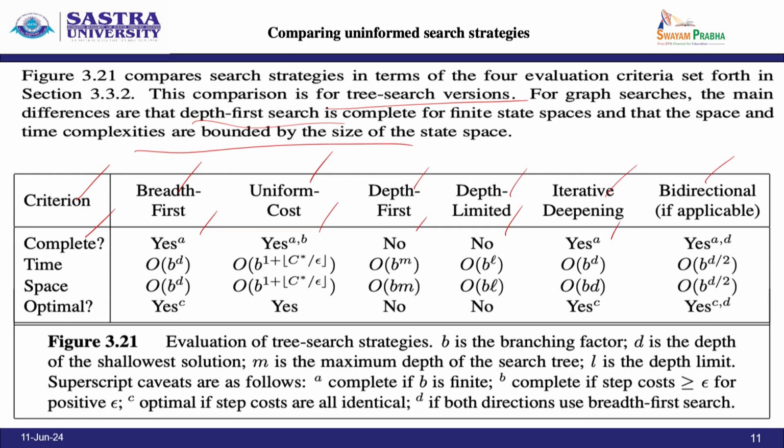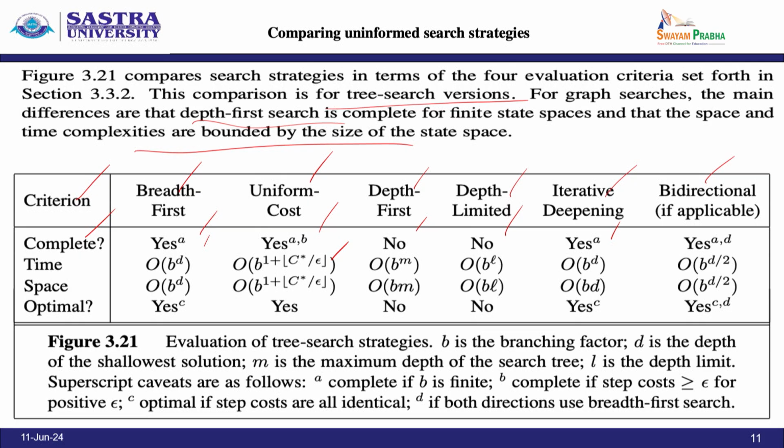Next, time: order of b power d for breadth first; order of b power 1 plus floor of C star by epsilon for uniform cost; depth first is order of b power m; depth limited is order of b power l; iterative deepening is order of b power d; and bidirectional, if applicable, is order of b power d by 2.